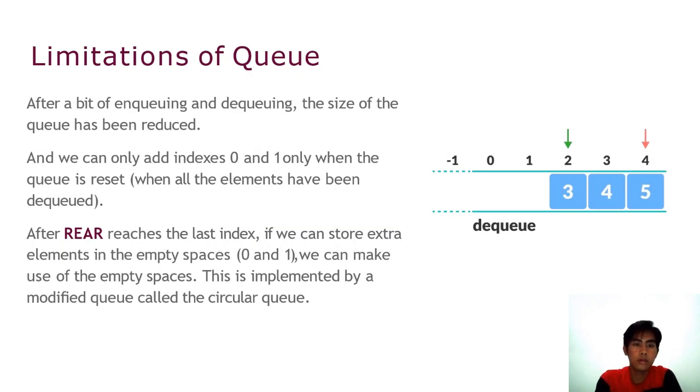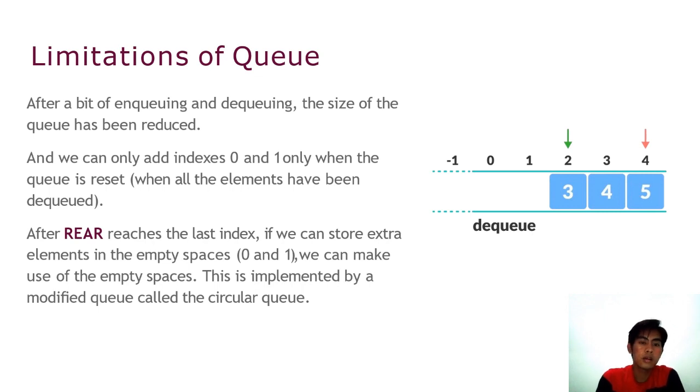After a bit of enqueuing and dequeuing, the size of the queue has been reduced, and we can only add at index 0 and 1 when the queue is reset, when all the elements have been dequeued.